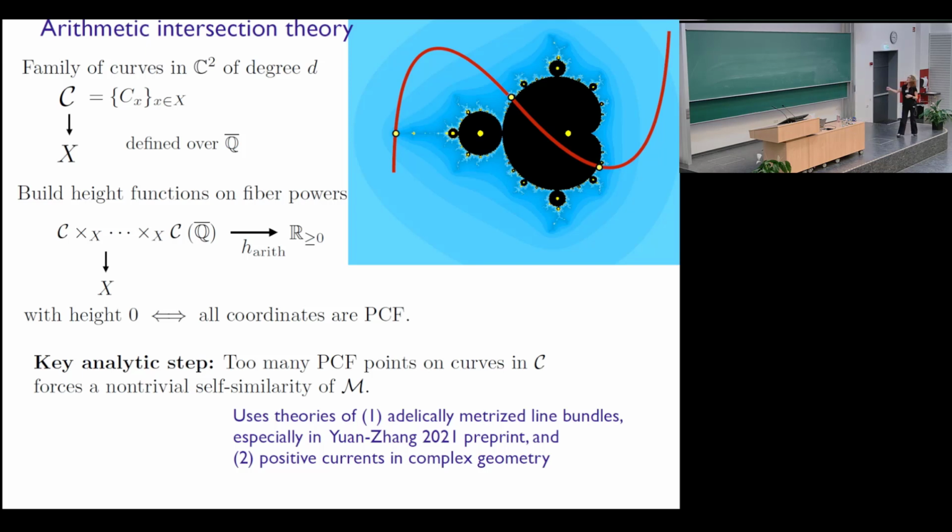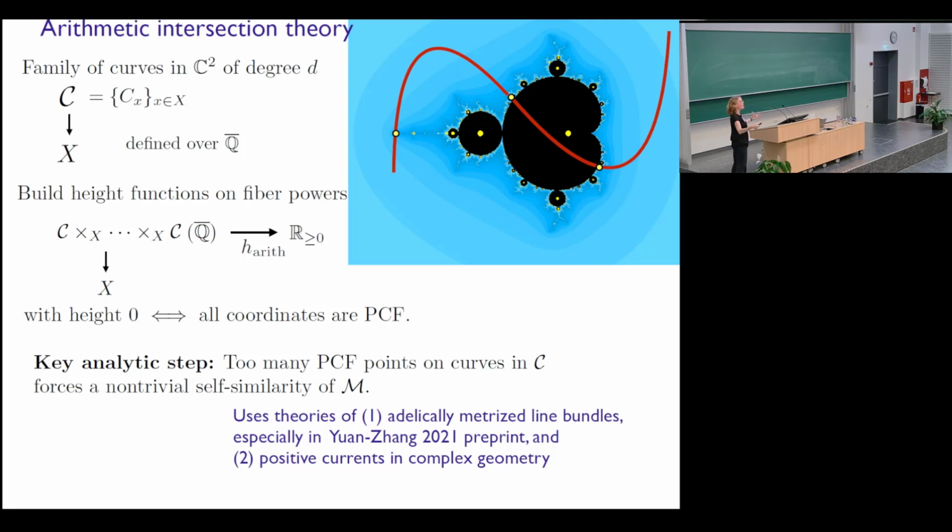That's too many. And if you have that, you can force from this family, look here, a non-trivial self-similarity of the Mandelbrot set. Remember, I said that these special points were equidistributed, uniformly distributed with respect to a natural measure on the boundary of the Mandelbrot set.